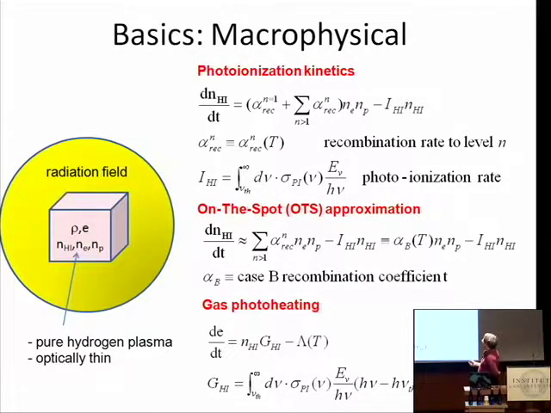I've split off the recombination to n equals 1 and all other levels. And you'll see why that's important in a minute. So this is increasing the number of neutrals, and then here is the photoionization term, where I is the photoionization rate, which just depends on this cross-section times the number density of photons at that energy, which is just E over h nu.